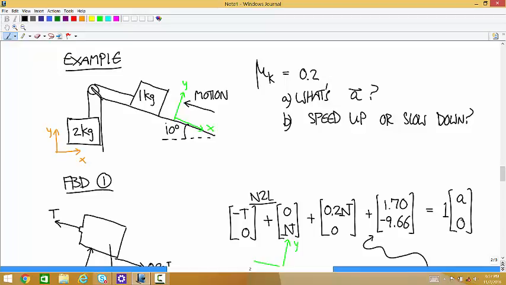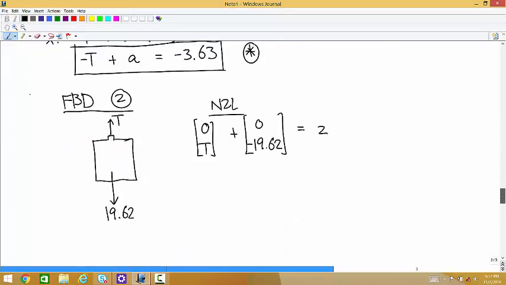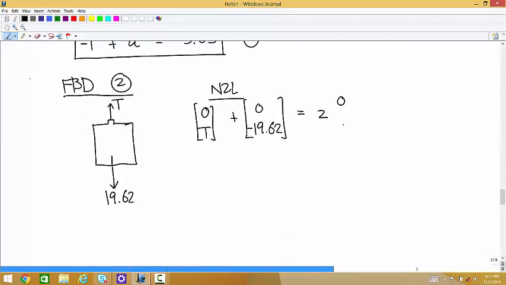And so if this box is moving up, that means an acceleration vector in this coordinate system of 0, a. And so we're going to represent this acceleration as 0, positive a. Getting this right is important.